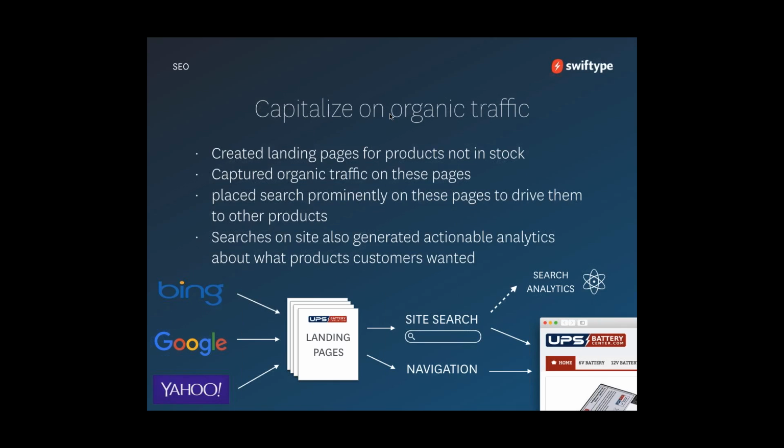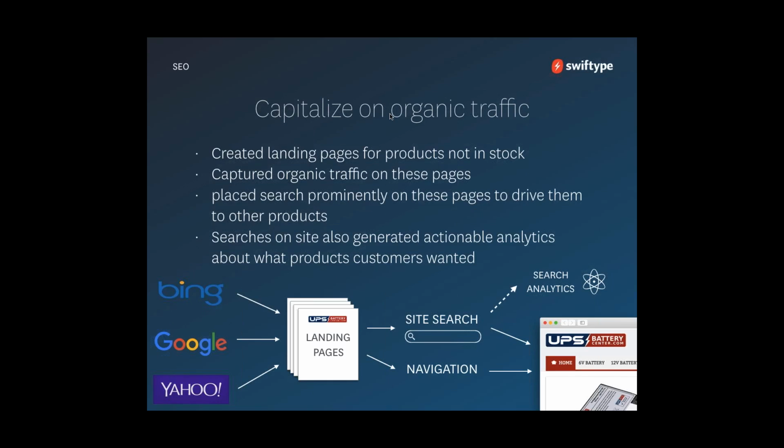When that traffic lands on those pages and sees that these product pages are out of stock, what they're finding is that the users go to the search box and type in specifically what they're looking for, whether it's a very specific battery or even a model or part number.